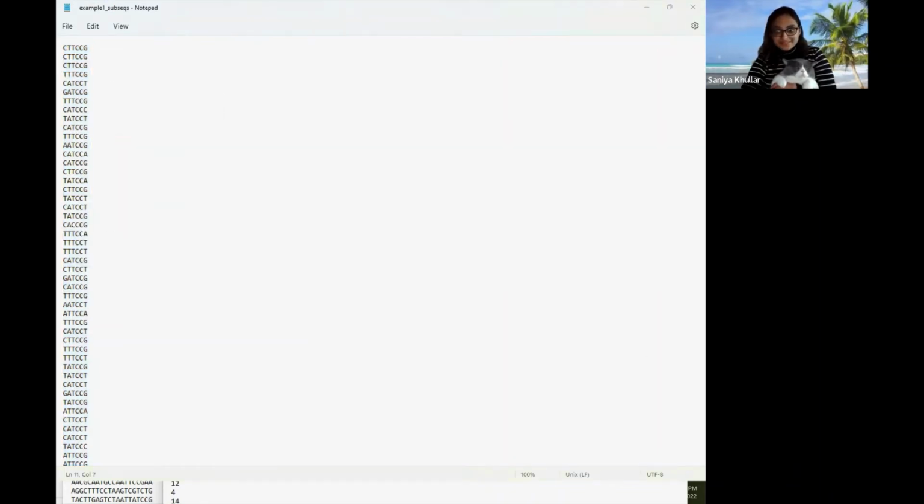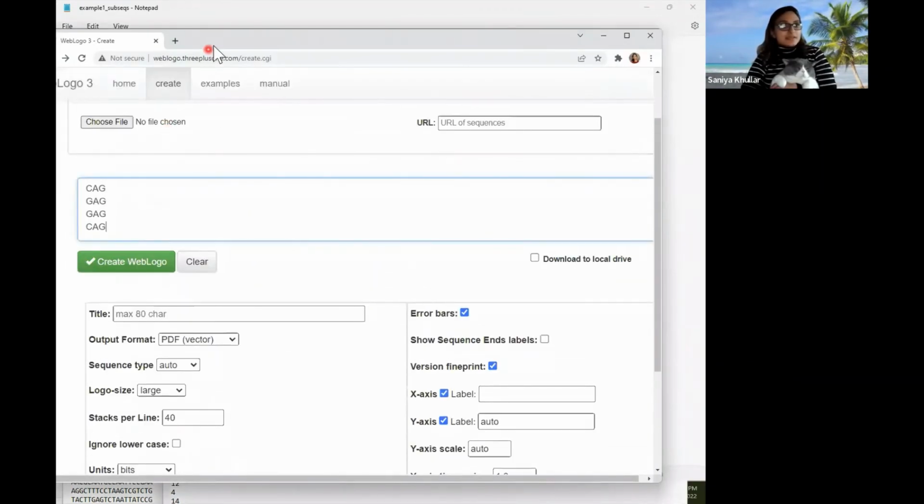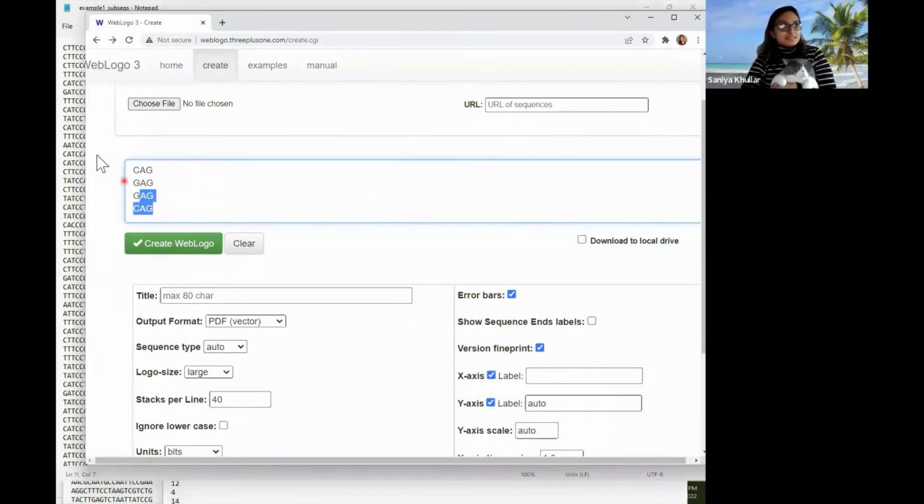So let's go there. Again, we saw this old motif that we were looking at. Now let's put in these 50 subsequences. These are the 50 motif occurrences here, and we're going to try to create the web logo.